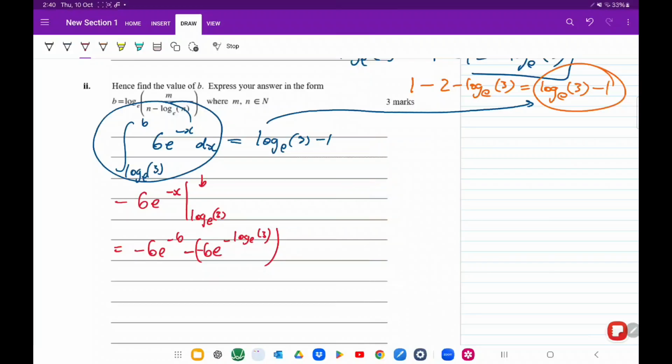Let's simplify this. In order to simplify, we take that negative at the top. So this becomes negative 6e to the negative b plus 6e to the log e 1/3.